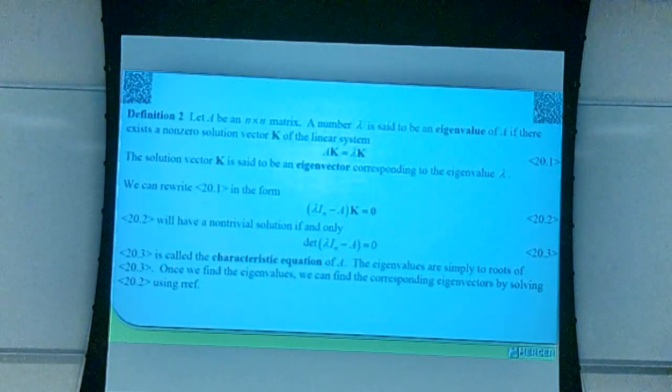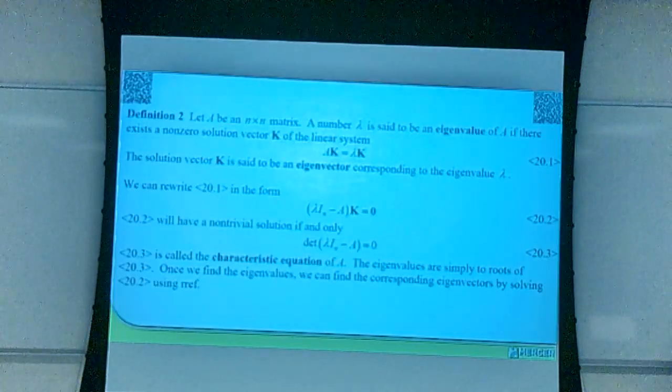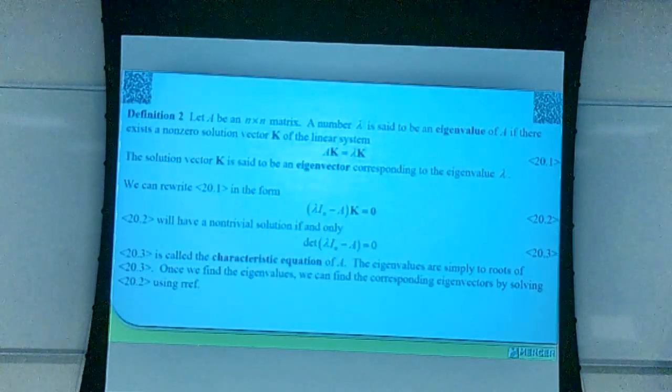You can rewrite AK equals lambda K as either lambda I minus A times K equals 0, where I is your identity matrix, or A minus lambda I times K equals 0. For linear algebra, that order doesn't matter. When we actually go to apply it, the order does matter.